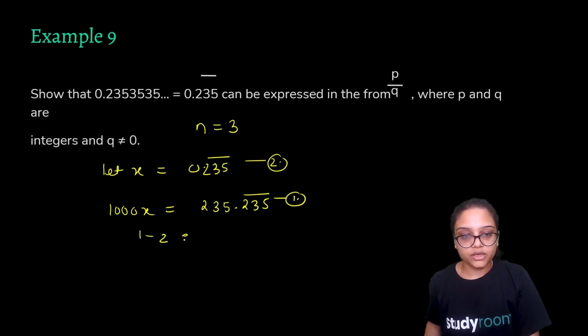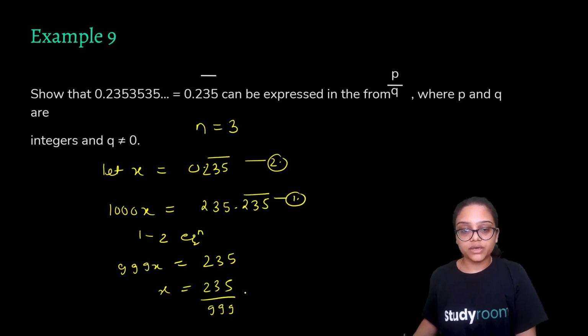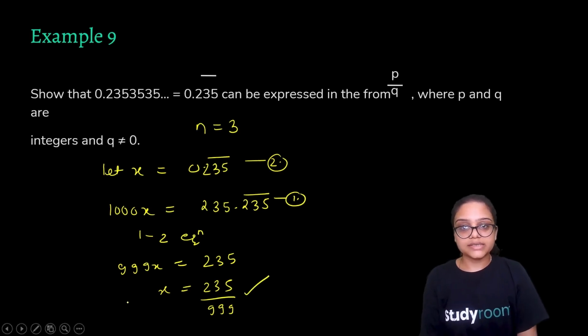Subtracting equation 1 from 2 would give 999x equals 235 and x equals 235 divided by 999. Is this in the form of p by q where q is not equal to 0? Surely yes. So this is the desired result.